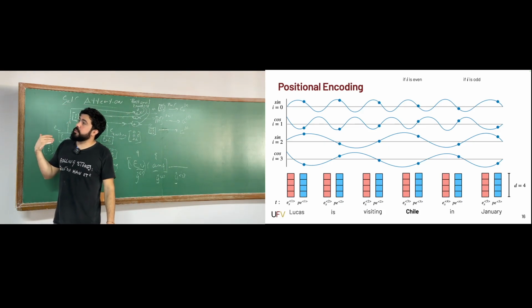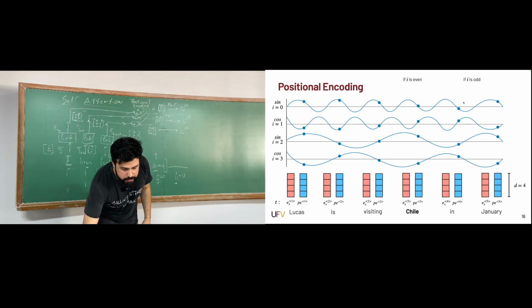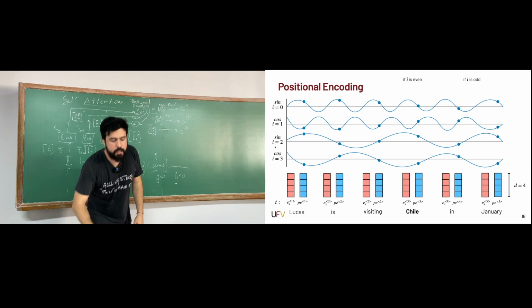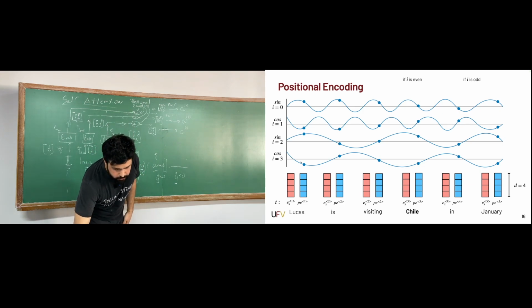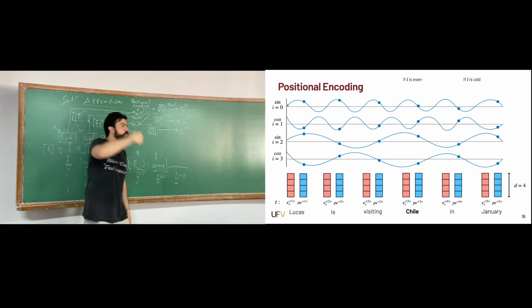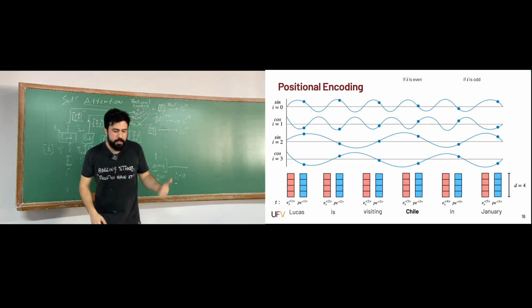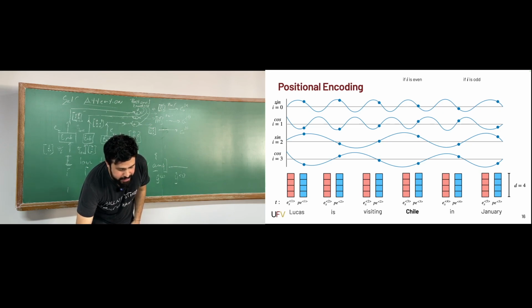What this is doing is, here I is the index of the vector. So it starts with 0 actually. So 0, 1, 2, 3. So what you're doing is producing a sinusoidal function for each dimension of the vector. This is the dimension I equal to 0, which is this dimension here.